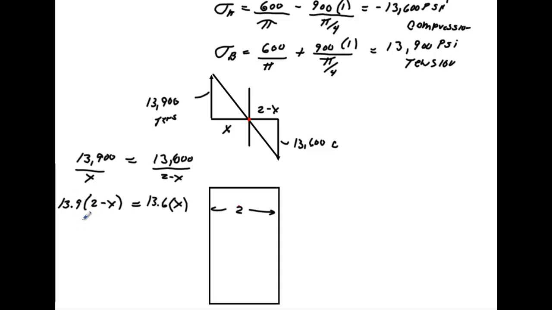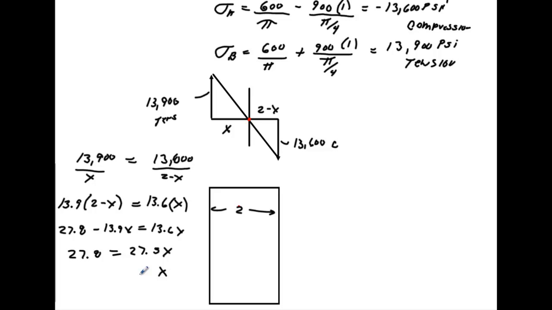We'll solve that. 13.9 times 2 gives me 27.8 minus 13.9x is equal to 13.6x. Move this to the other side. 27.8 is equal to, add those together, 27.5x.